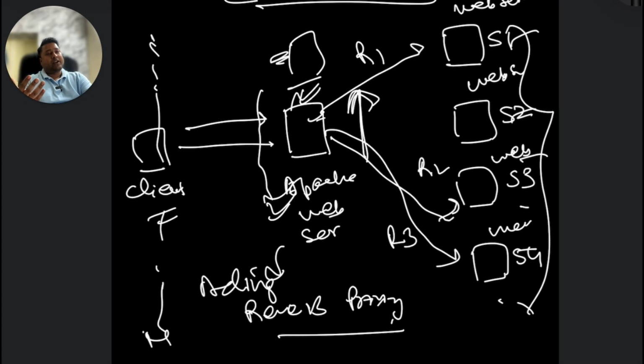Now whenever you vertically scale anything, you always end up having some limitations. You cannot keep on increasing your resources for any system. So that's the problem with Apache Web Server, because it's multi-threaded and it maintains n number of threads in the thread pool.